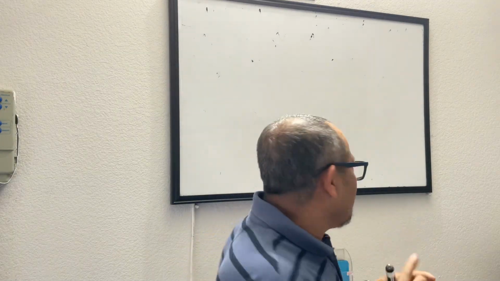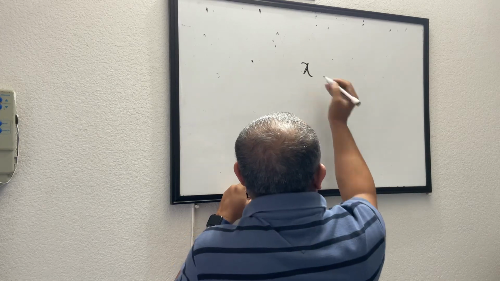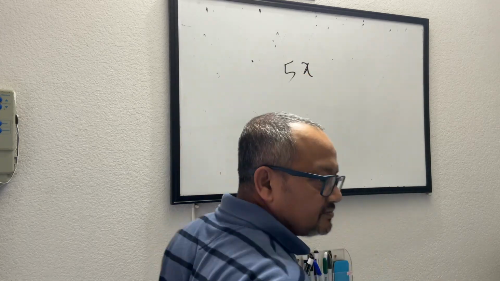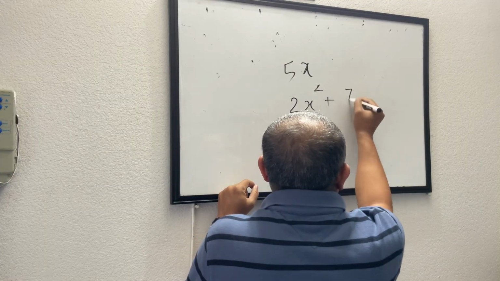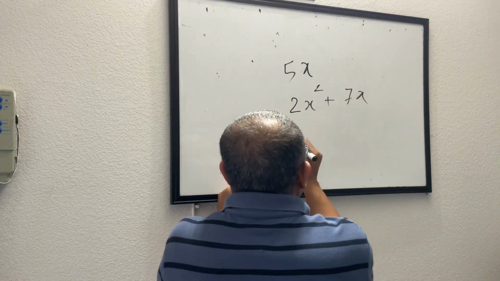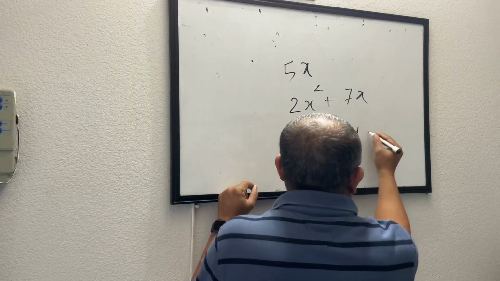Okay. So again, polynomial is nothing but an extension of quadratic equations. Because what is a polynomial for all of us? Let's look at expressions: 5x, or 2x squared plus 7x, or 5y squared plus 2y minus 9.